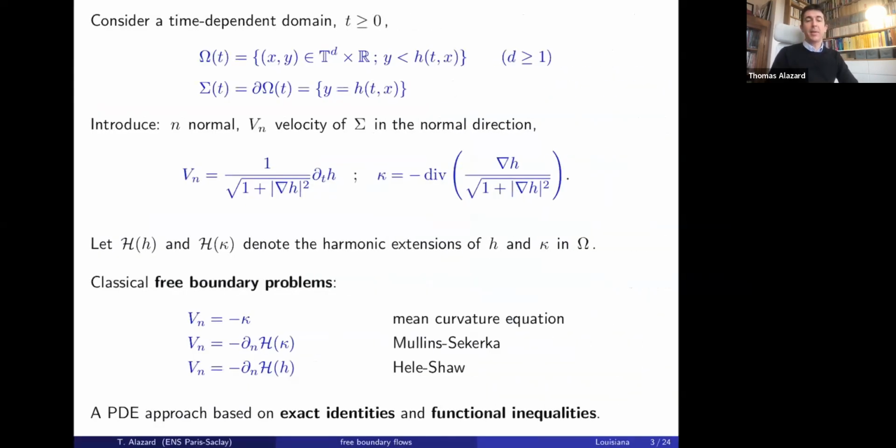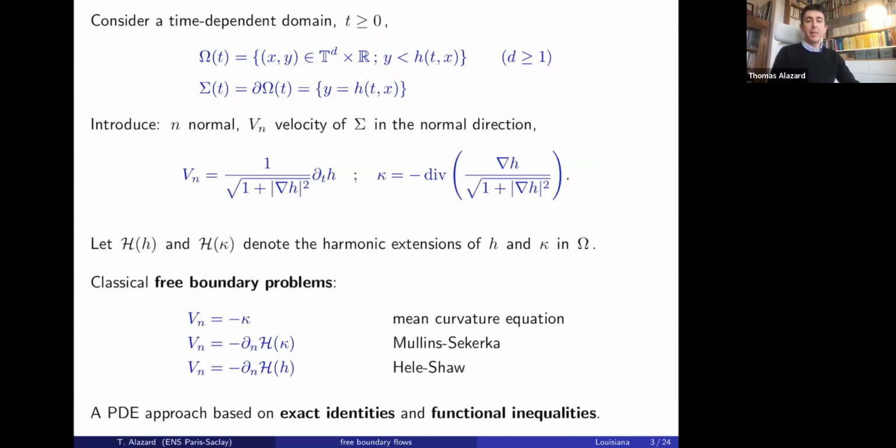So we are considering a time-dependent domain, depending on time t, of that form: the set of points (x, y) in the torus T^d times R such that y is strictly smaller than h(t, x). Here, d is an arbitrary dimension and h is an unknown function called the free surface parametrization.